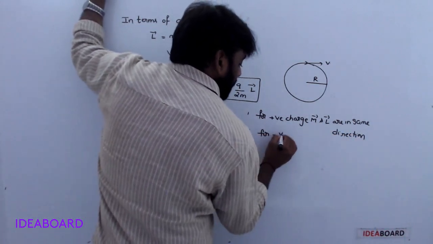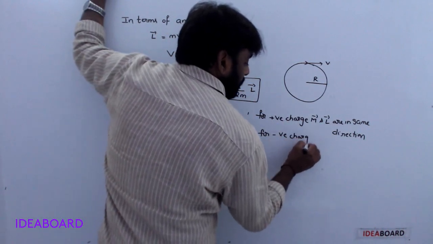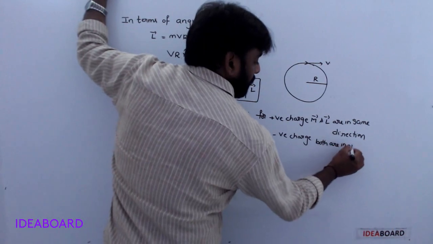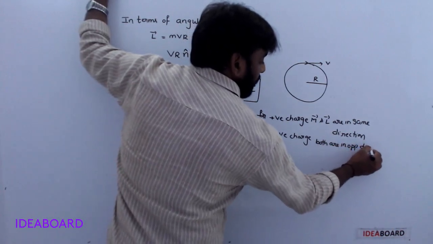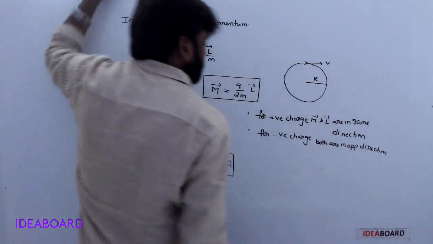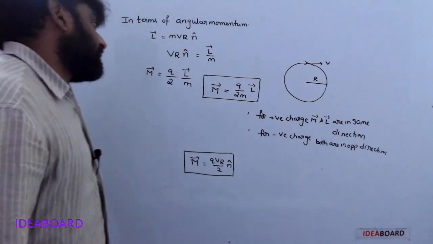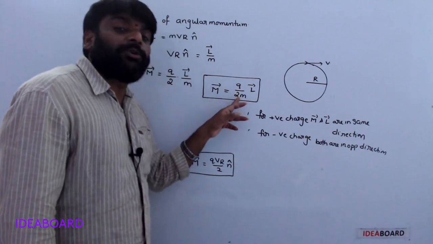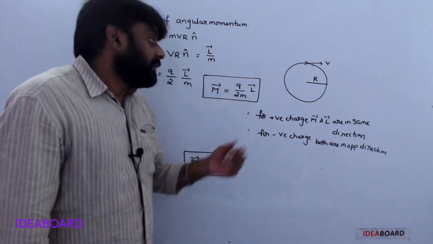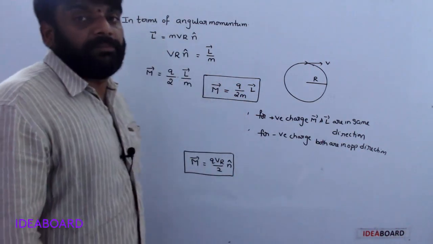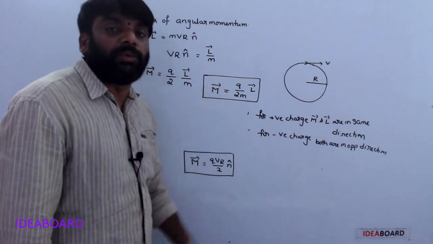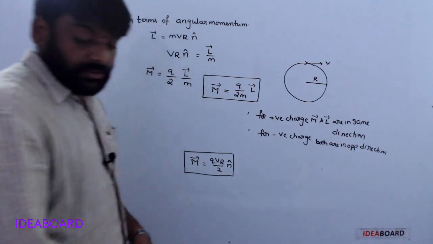For negative charge, both are in opposite directions. So that means magnetic moment is equal to q by 2m times the angular momentum. Understood? Okay.